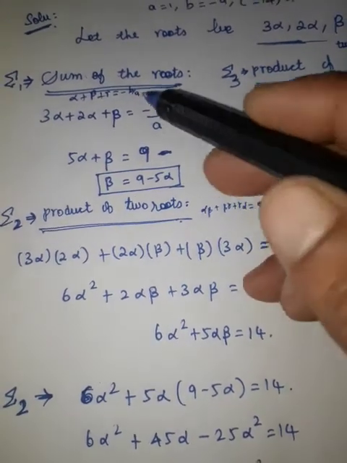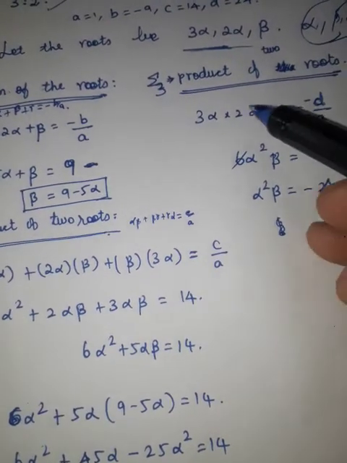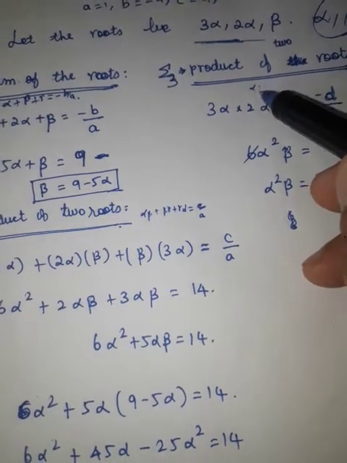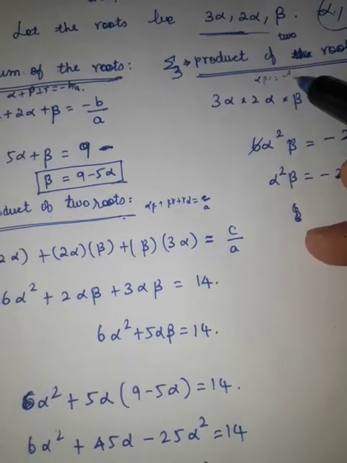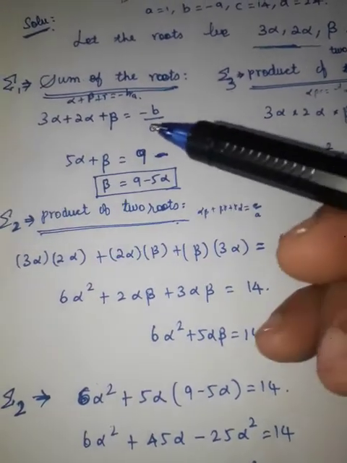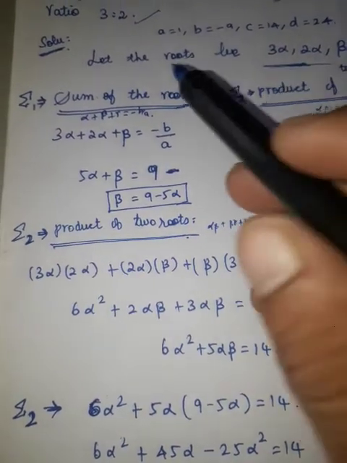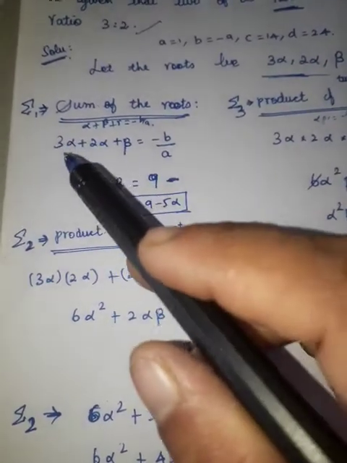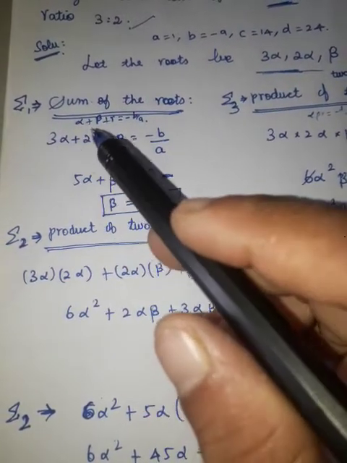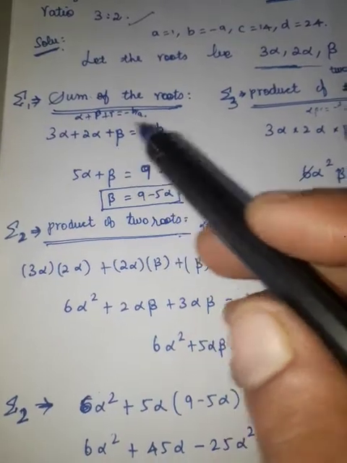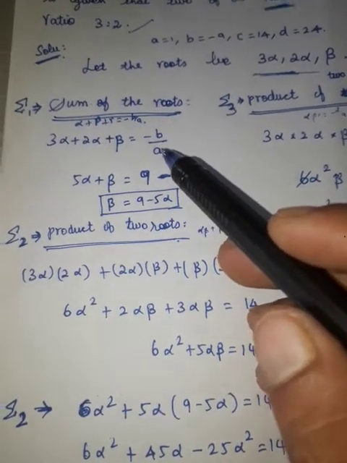This is minus, this is plus. The third one, alpha beta gamma equal to minus d by a. We can substitute the roots 3 alpha, 2 alpha and beta.